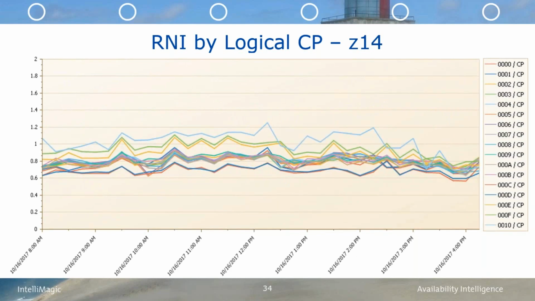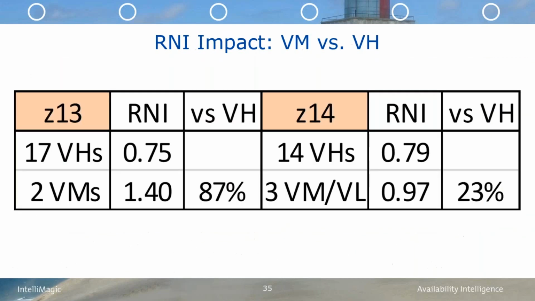Now note the significant change when this LPAR migrated to a Z14. The RNI penalty for the vertical mediums was dramatically reduced. Here are those metrics in tabular form. The RNI penalty for the vertical mediums went from 87% on the Z13 to 23% on the Z14.